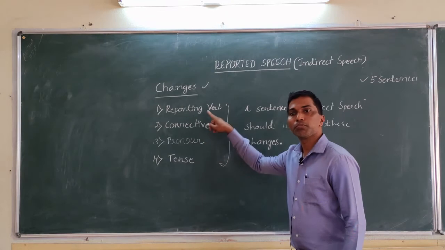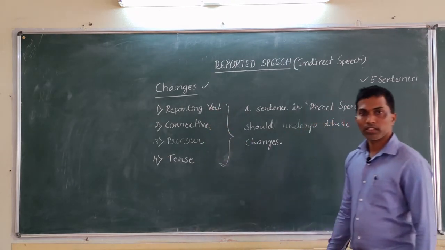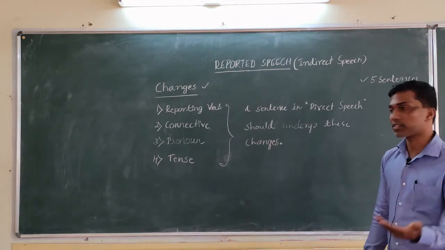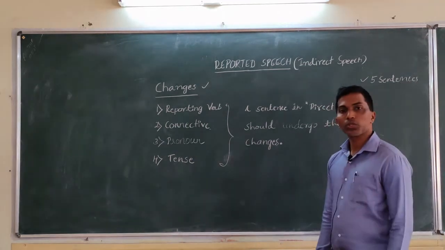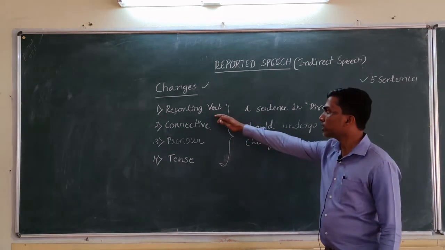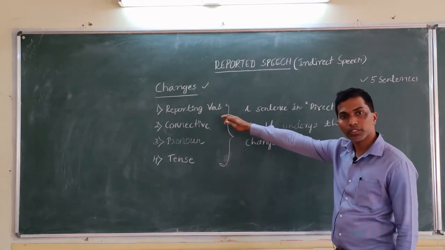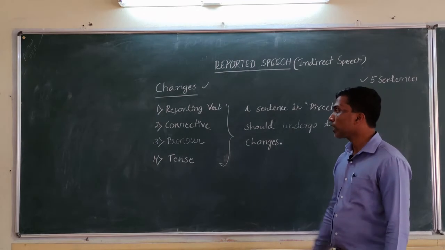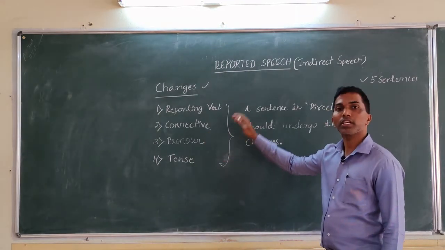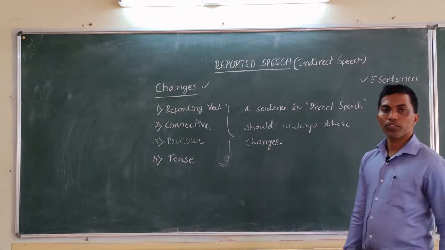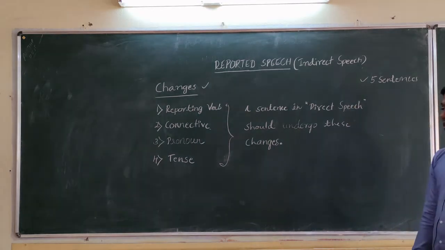You should process it. How should you check? What should you check? You should check its reporting verb. You should change the reporting verb. You should check the connective. You should change the connective, or you should bring a connective in, according to the sentence type.